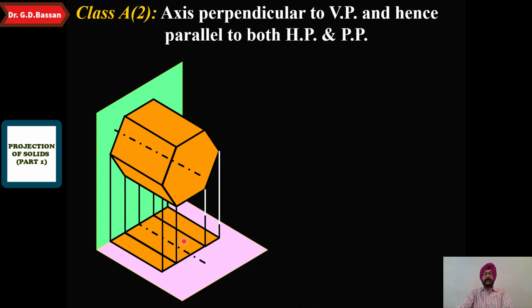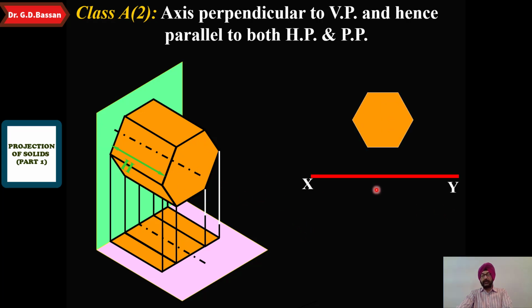Okay, so here because it is a prism, it has two bases, one base as well as the second base. So draw XY first. Now as the axis is perpendicular to VP, we have to draw the front view first.